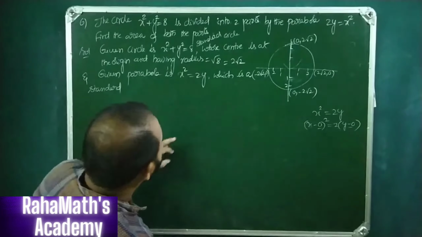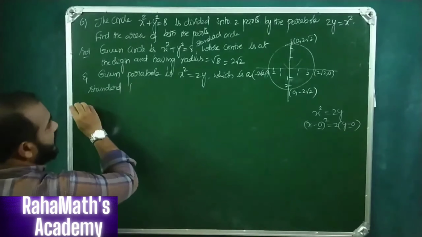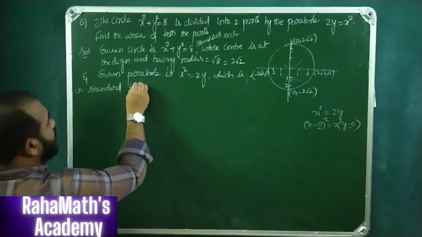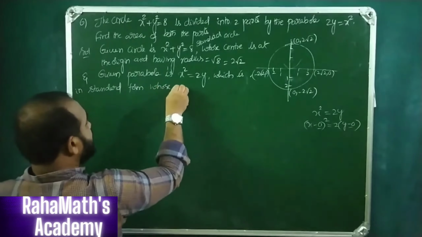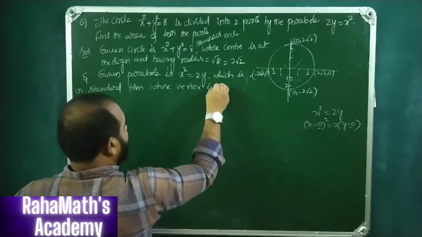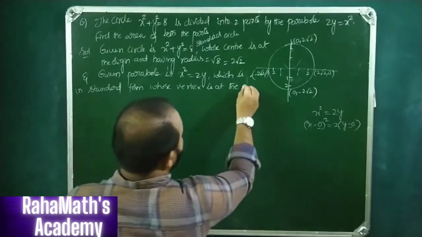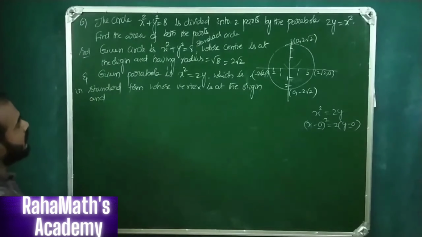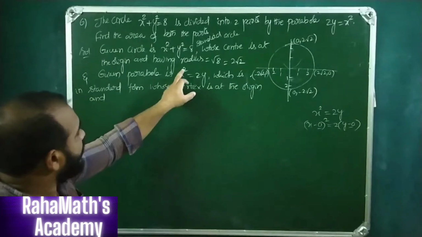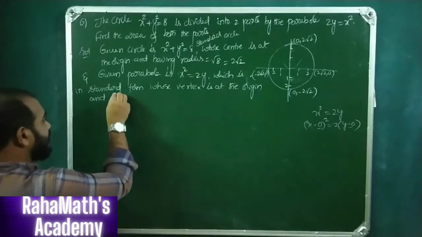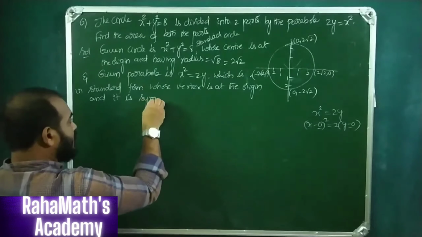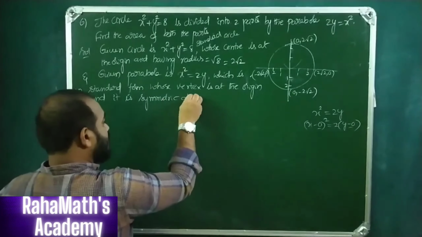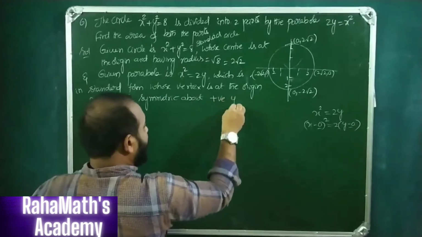Here the vertex is at the origin, and x power even is symmetric about the y axis, specifically the positive y axis.